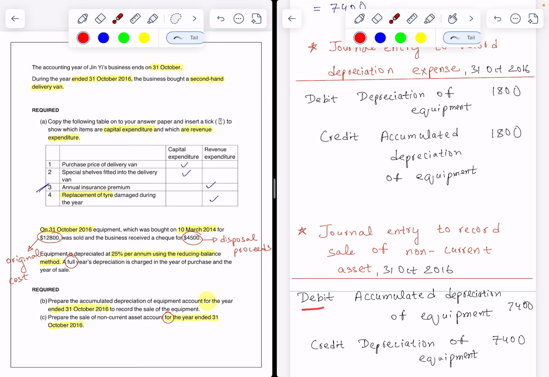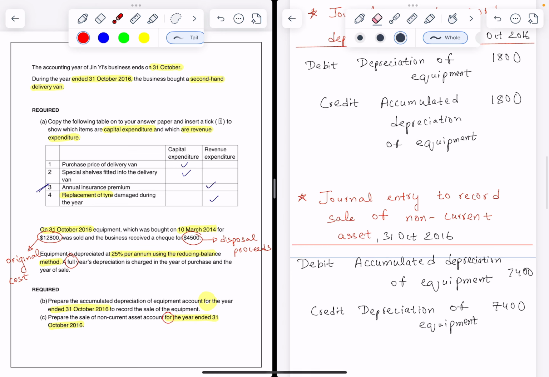So we debit the accumulated depreciation of equipment account by 7,400, okay? And the simultaneous credit entry is the sale of non-current asset account, all right? When we are debiting the accumulated depreciation account, we're obviously referring to the fact that this equipment is no longer in the books, and therefore the total accumulated depreciation is being removed, and when accumulated depreciation goes down, we debit it. And this is only happening because we have sold this.